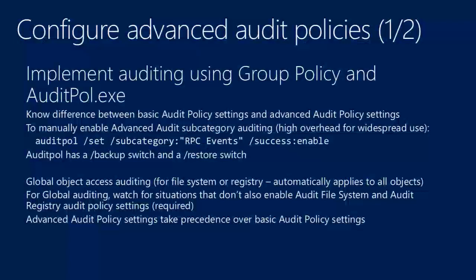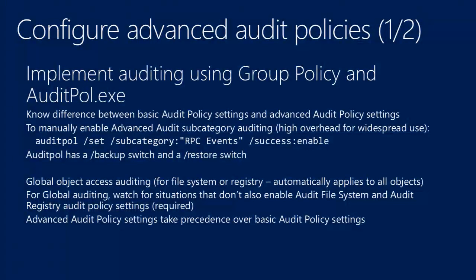All right, so advanced audit policies. So you guys have probably been doing auditing since NT4, 2000, 2003. Auditing is, you go in and log on, log off, file, registry access, that kind of thing. We're talking really about the advanced audit policies, and knowing the difference between those is my key point here, because there may be a requirement for a certain level of auditing that the basic auditing isn't going to handle.